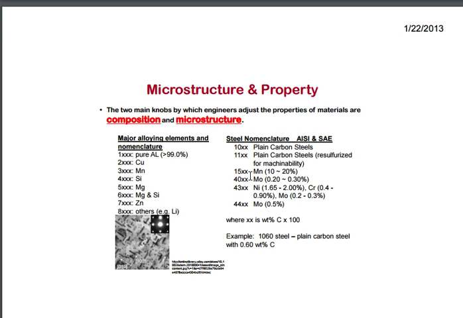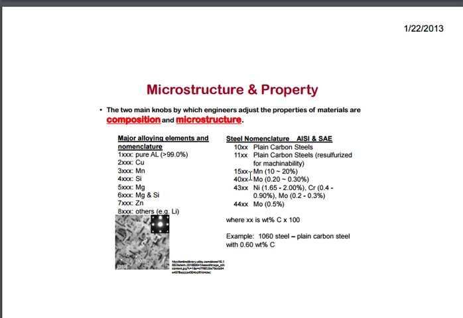So, looking at the macro structure and property, there are two main knobs by which engineers adjust the property of material, and that's the composition and microstructure. The composition part is the alloying part, like for example, major alloying element and nomenclature.